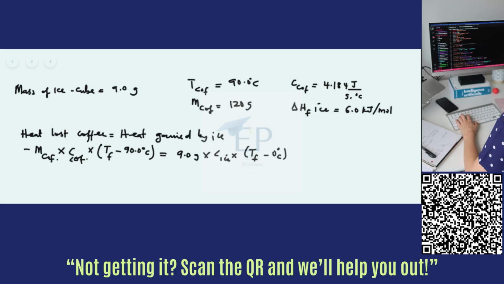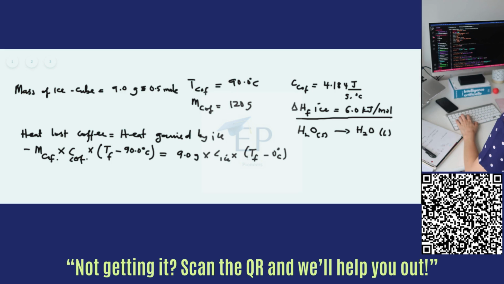So the delta H of fusion has been given to us, so we don't really have to trouble ourselves too much. And that is just when you have ice, solid water, going to liquid water, H2O liquid. And that is for 1 mole. But we have 9.0 grams, so if we convert this to mole, that is 0.5 mole.